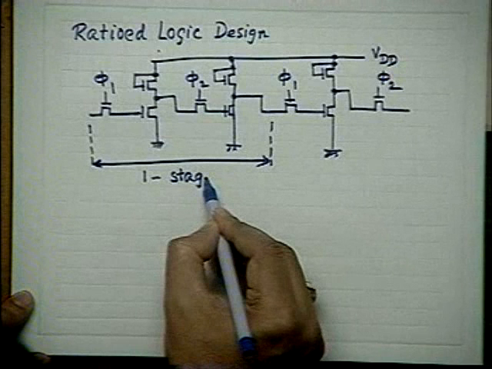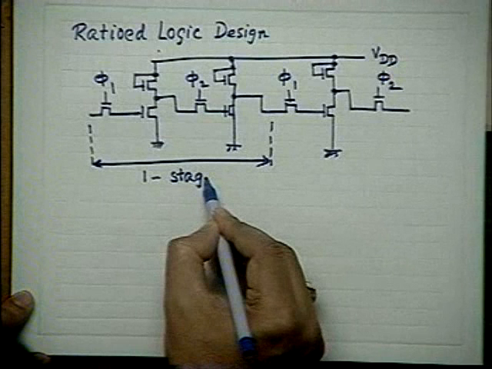These are called transmission gates or switches, pass transistors, whatever you call them. What I have done is that at the gates of these switches or transmission gates, I have connected clock signals. I have called them phi 1, phi 2, phi 1, phi 2.